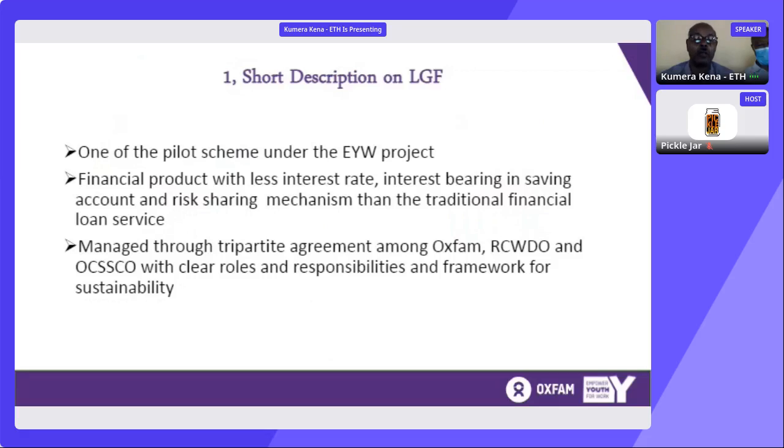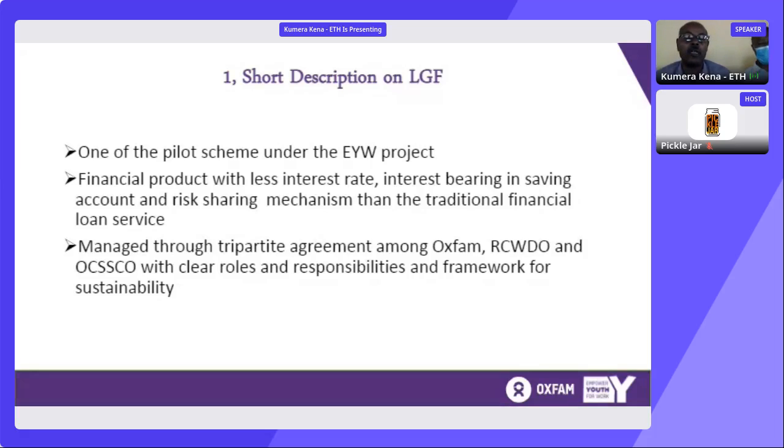So now I will give a short description of the loan guarantee fund. The loan guarantee fund is one of the pilot schemes under the Empower Youth for Work project. For us, it was planned under building block 2 of the project to create employment, increase income and improve the livelihood of the target youth groups.